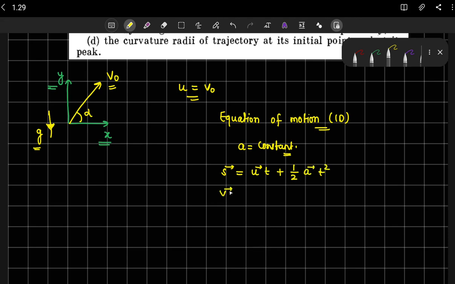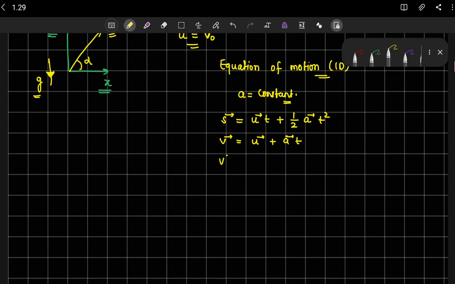Second, the final velocity is equal to initial velocity plus acceleration into t. And third, v square is equal to u square plus 2 times acceleration dot product with displacement. So these are the equations of motion we can write for the one dimensional case.